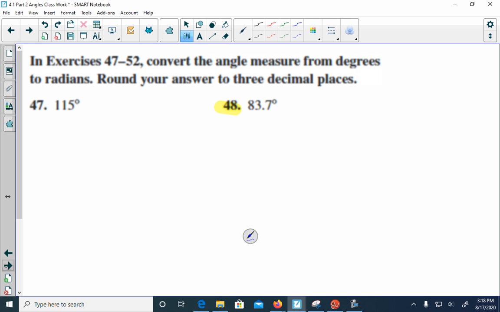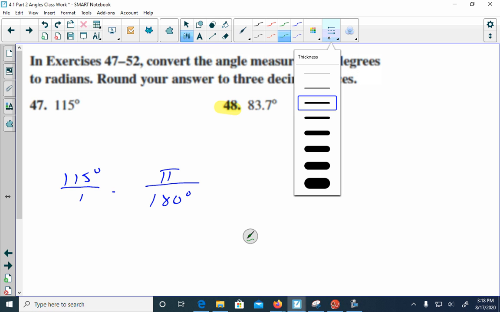Okay, convert the angle measure from degrees to radians. So now this one's a decimal. Oh no, this one's not. You have to do 115. So I'm going to do 115 degrees over 1, again, times pi over 180, but I'm putting the 180 degrees in the denominator so that the degree symbol will simplify. So that tells me which way I'm going to do it.